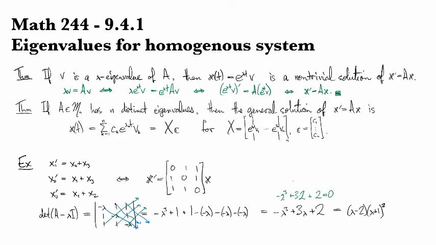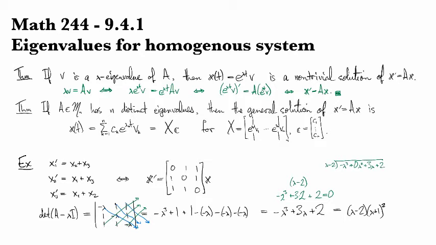So that tells me that lambda minus 2 is a factor. And so then I can divide lambda minus 2 into minus lambda cubed plus 0 lambda squared plus 3 lambda plus 2.